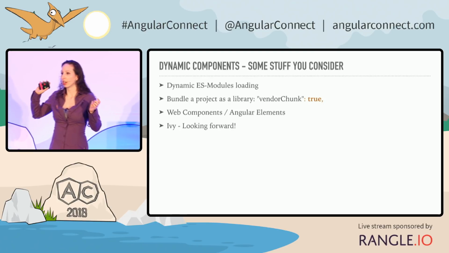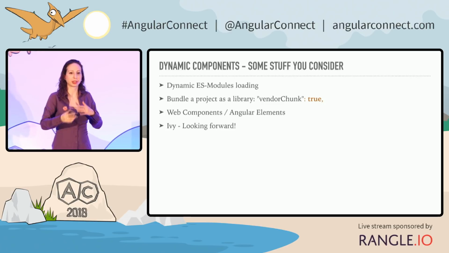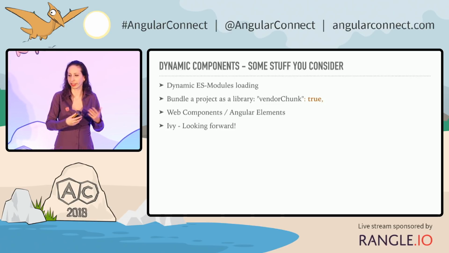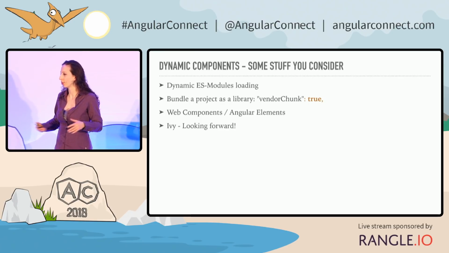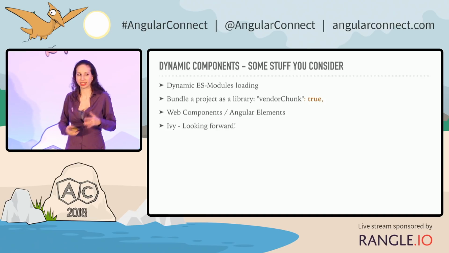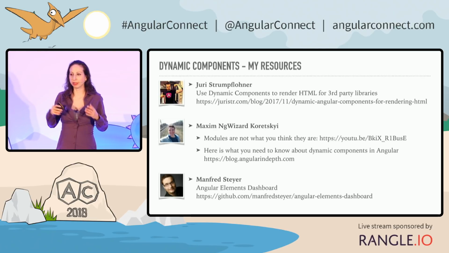Okay, because components written in version 6 will not be loaded as you expect in version 7 if they're used dynamically. And of course, in Ivy, we're looking forward for more improvements in this area of dynamically loading everything. So these are the resources that I've mentioned.